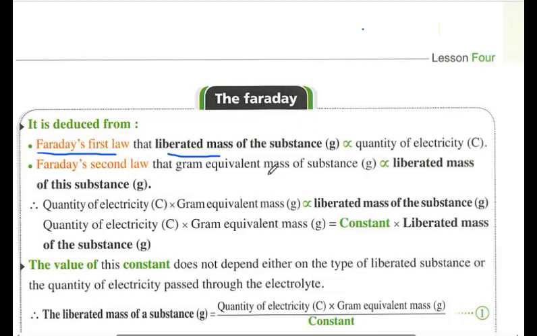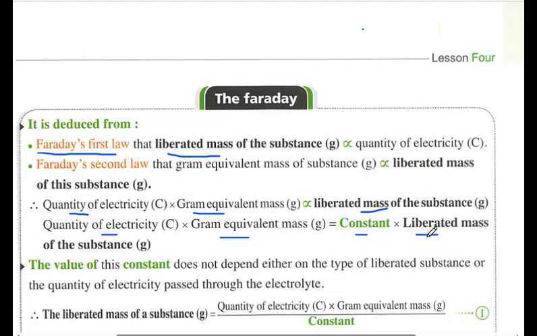If we combine the two relations, we see that the liberated mass is directly proportional to the multiplication of quantity of electricity times equivalent mass. So the quantity of electricity multiplied by the equivalent mass equals a constant times the liberated mass.